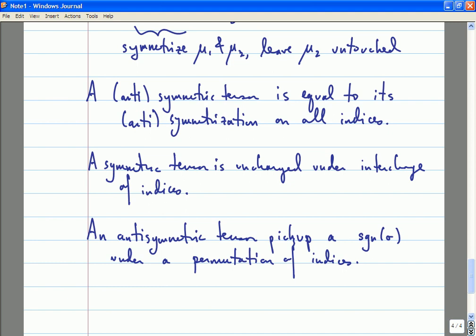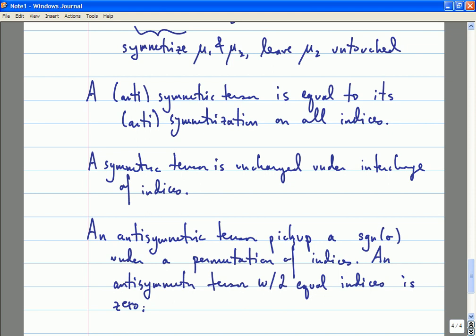In particular, it's easy enough to see that the component of an antisymmetric tensor with two equal indices is 0. Why is that?